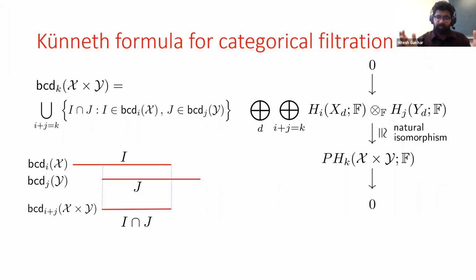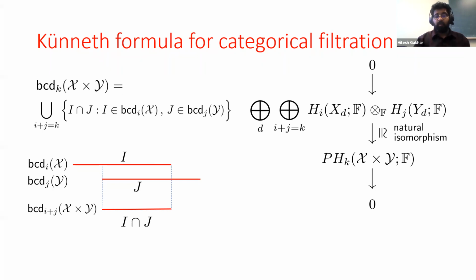They are an actual equality, as the equation suggests. The kth barcode of the categorical filtration is a collection of intersections of all bars I and j, where I comes from the ith barcode of x, j comes from the jth barcode of y, and I and j add up to k.